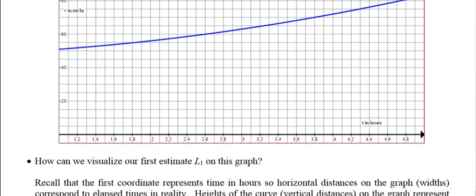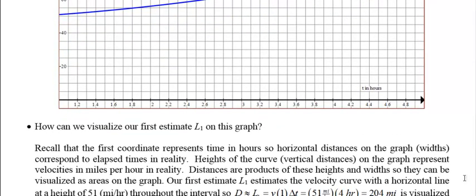Well, let's remember what we did. Remember that the first coordinate is a horizontal distance on the graph, but in reality it represents an elapsed time. So that's our delta t, a horizontal distance. And our height is a vertical length, a distance above the x-axis, is our v value, but in reality the v value is a velocity.